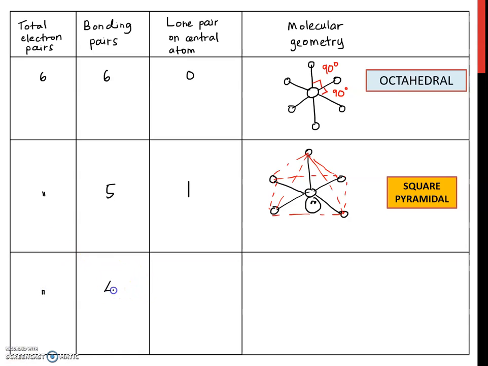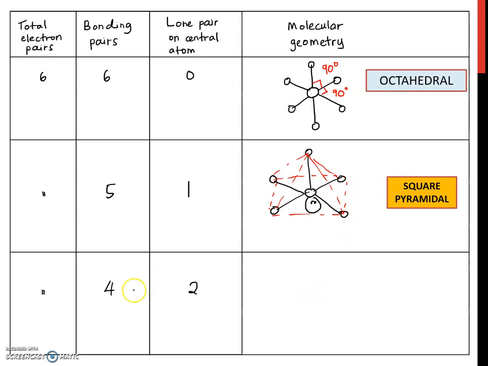So there are 4 bonding pairs or 4 atoms bonded to the central atom and 2 lone pairs on the central atom. If we look at the total 6 electron pairs, if full, 6 bonding pairs like atoms, so octahedral. When one becomes a lone pair on the central, 5 bonding pairs, square pyramidal.